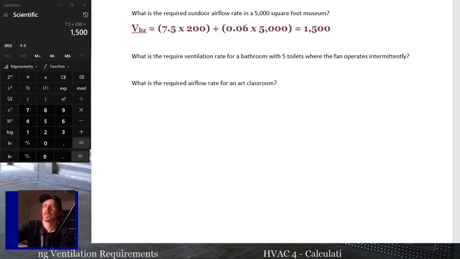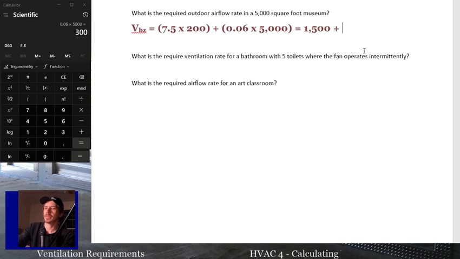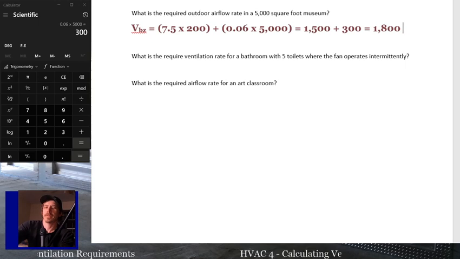All right. Plus 0.06 times 5,000 for the area of the space is 300. So 1,500 plus 300 equals 1,800 CFM.